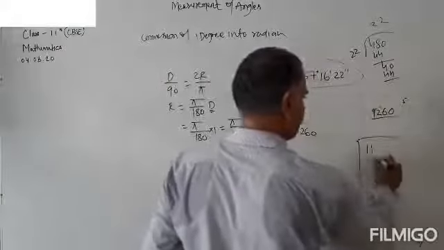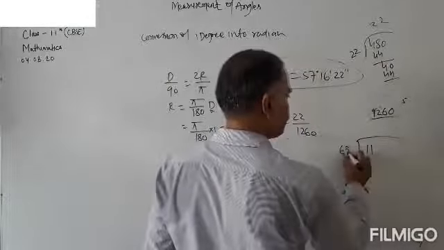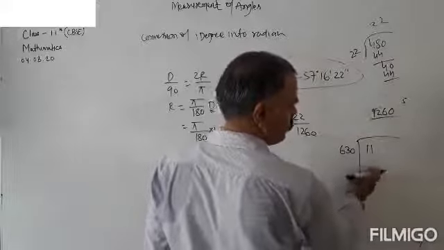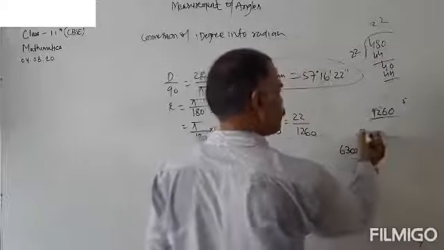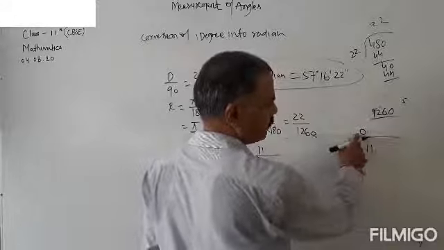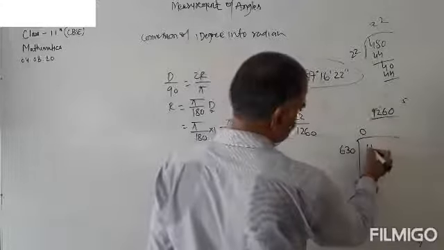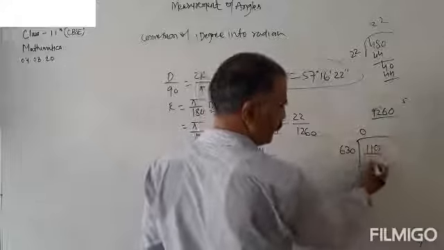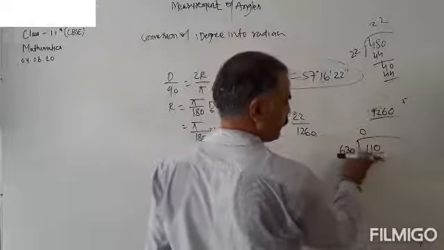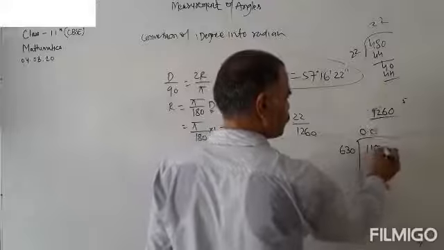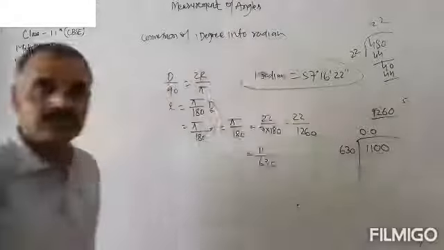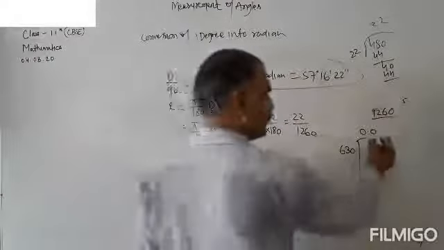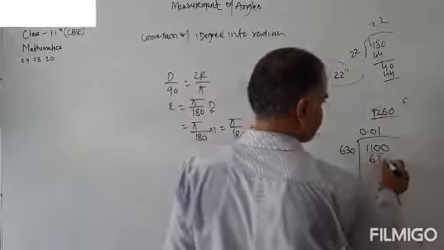Let us divide 630 by 11. So no division at all, so 0 point. Let us put 0, means 10. Then again 110 is not divisible by 630, so let us put 0. So this is 1100, and 1 time is 630.